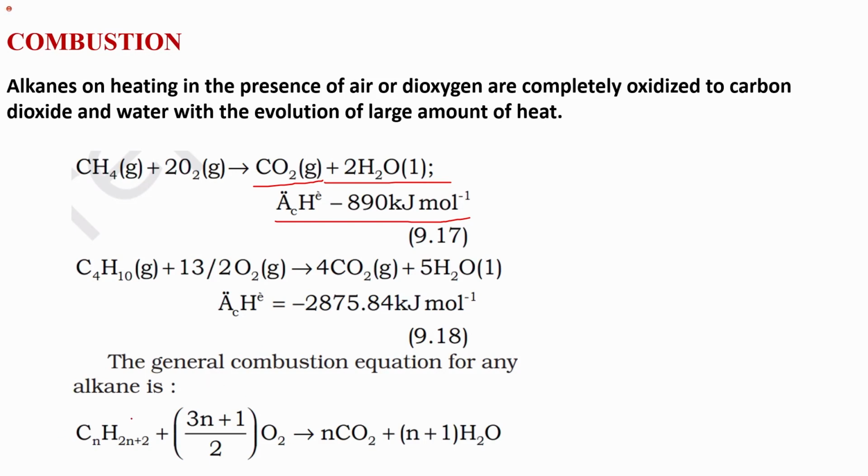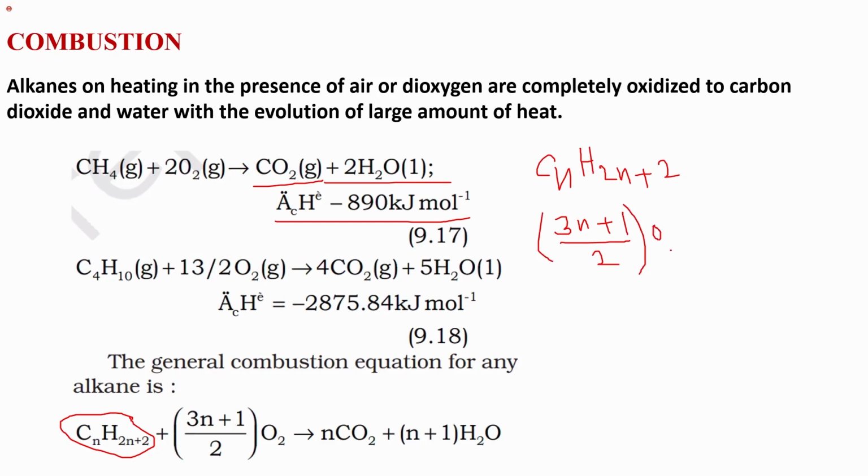So we know that the general formula of the alkane is CnH2n+2. The general combustion reaction is CnH2n+2 plus (3n+1)/2 oxygen gives n carbon dioxide plus (n+1) water.